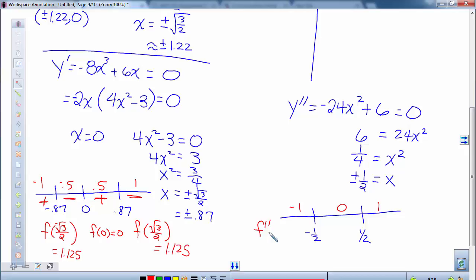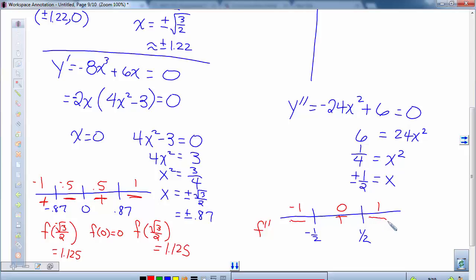All right, so if I put in -1, looks like I'm going to get negative. If I put in 0, we get positive. And if I put in 1, I get negative.